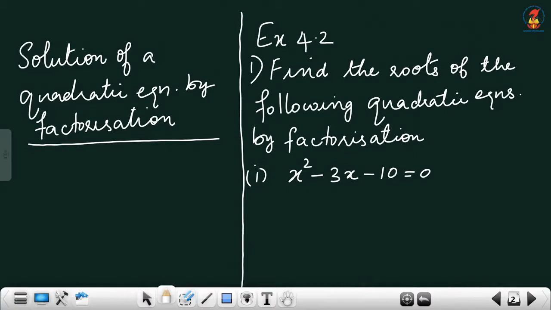Solution of a quadratic equation by factorization method. Consider a quadratic equation ax square plus bx plus c equal to 0.